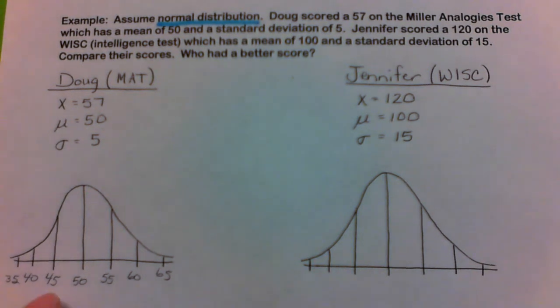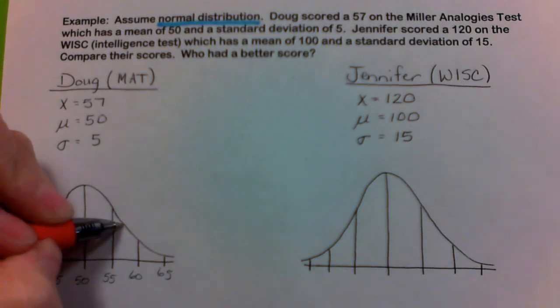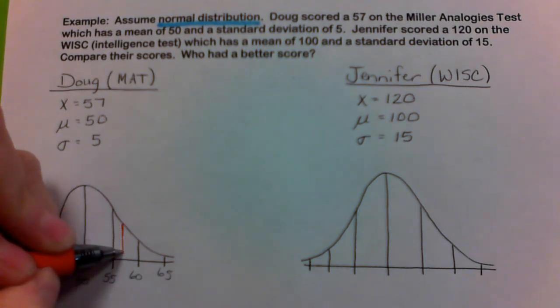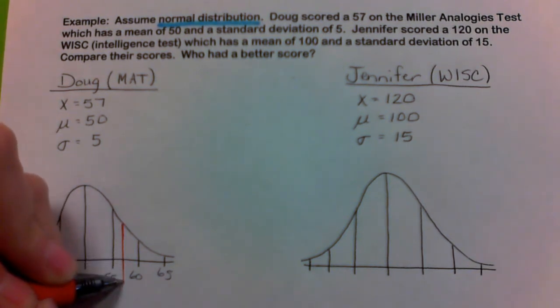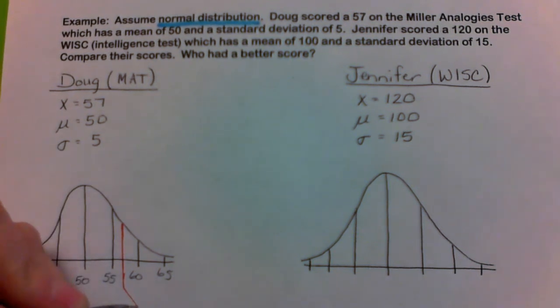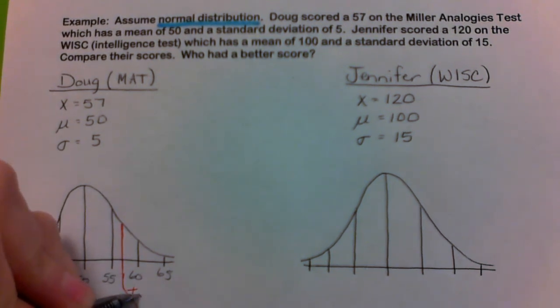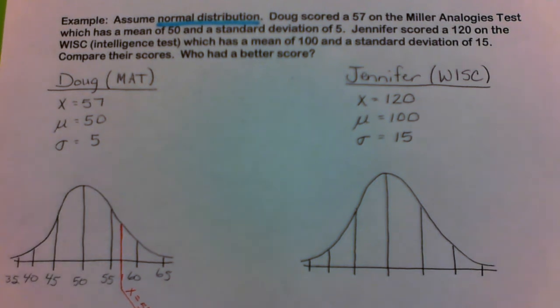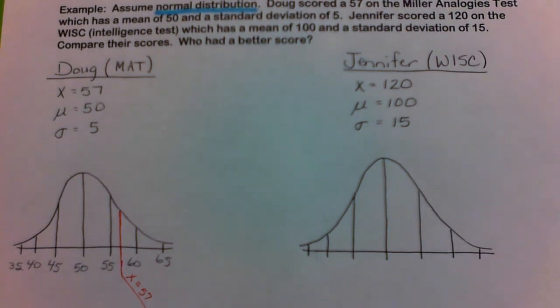Now, 50 is average, and anything to the right of that is above average. So where is Doug? He's at 57, so he is above average. He would be approximately right here. So X equals 57. That's where Doug lies on his particular bell curve.